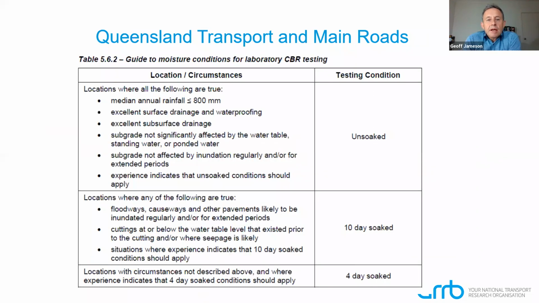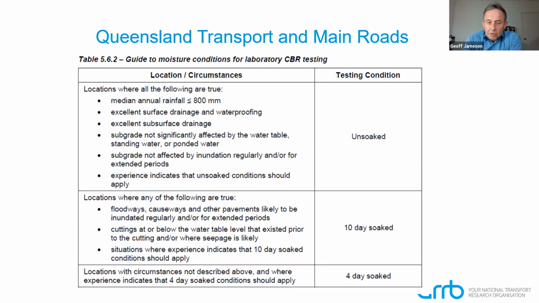And this shows you an extract from the Queensland Pavement Design Manual, where they could use an unsoaked value for rainfall up to about 800 millimetres. Whereas above that, they might use for very poor high rainfall areas, or for floodways, causeways, etc. You might use a 10-day soaked CBR, and then more generally a 4-day soaked CBR.